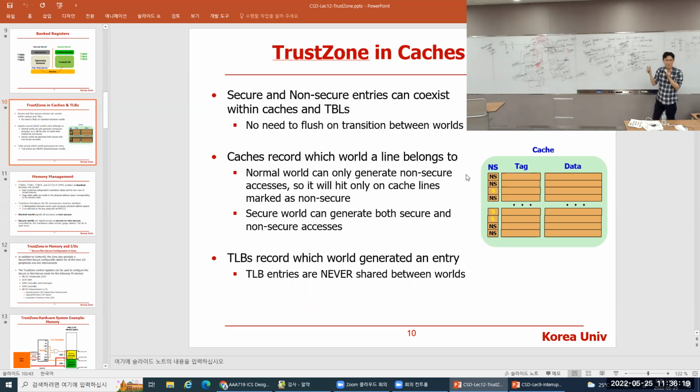But in a TrustZone enabled cache, you have one more field, the NS field, the non-secure bit. If that bit is set to 1, that means non-secure, so that cache entry is a normal world cache entry. A cache miss happened, something was loaded here, and that data was accessed when you are in normal world.